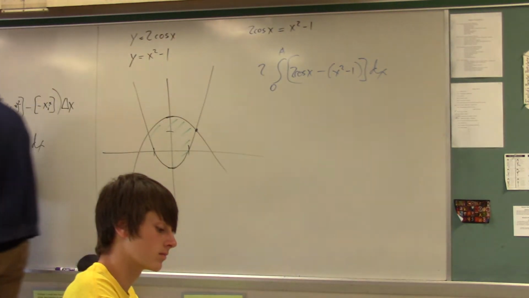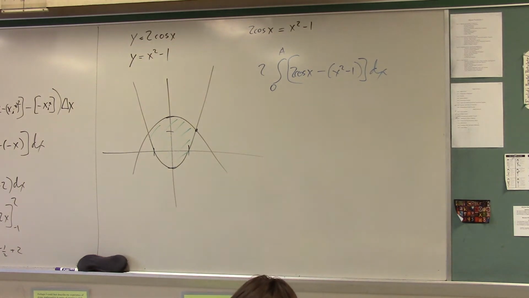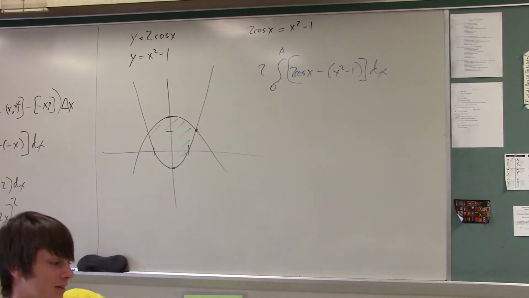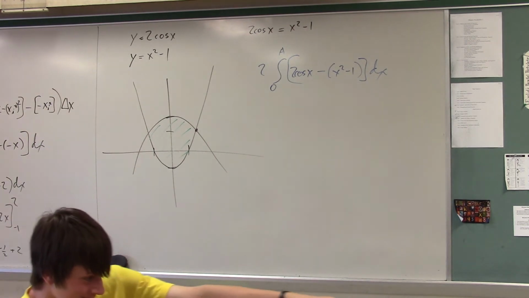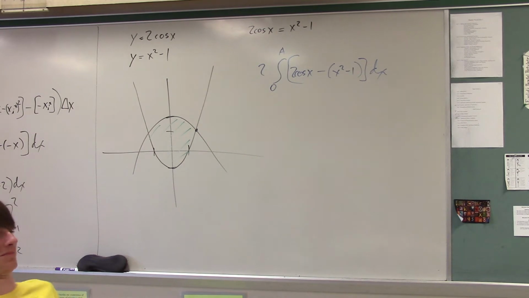And as parentheses are annoying, the simplest thing to do is to use y1 and y2. So look back at your y1. Personally, I put cosine in the y1 spot, which is the top guy, and I put x squared minus 1 in the second spot. Thus, the integral should be, oh, actually, I want to go twice.